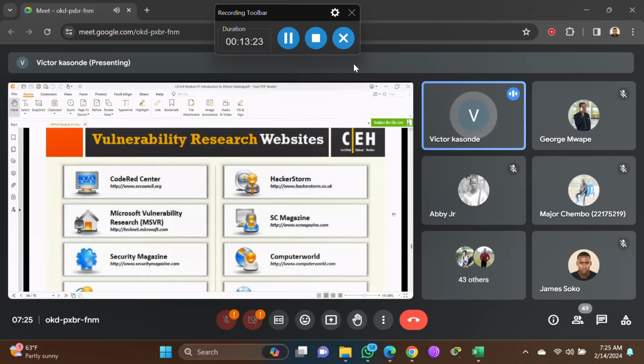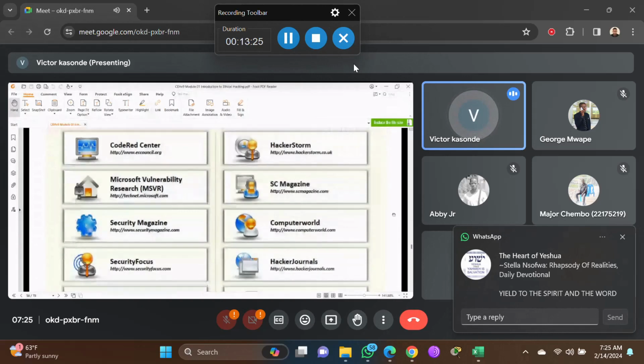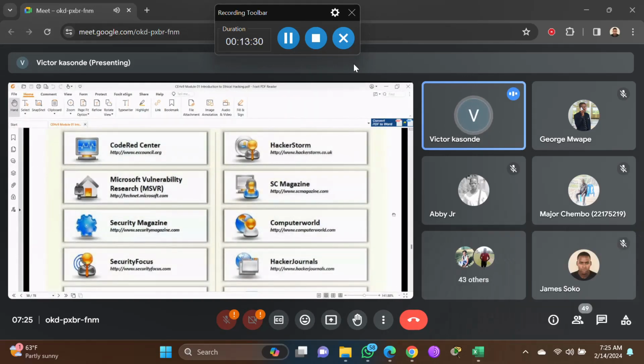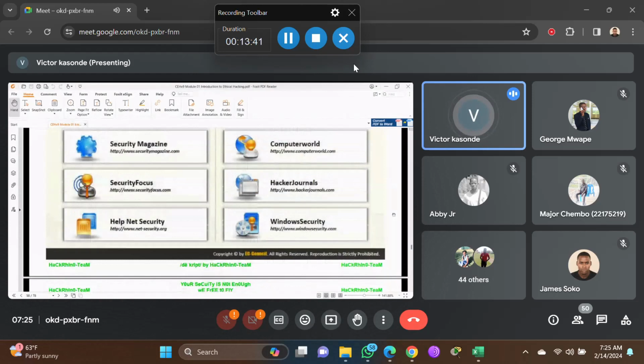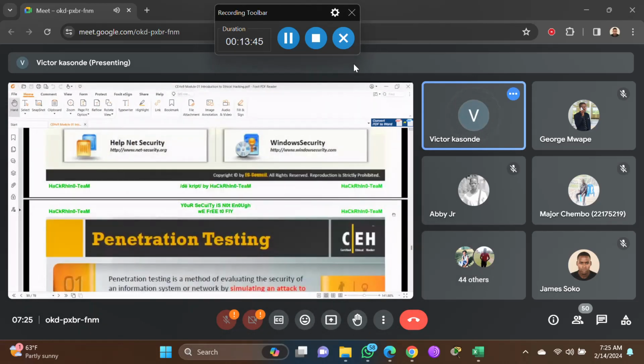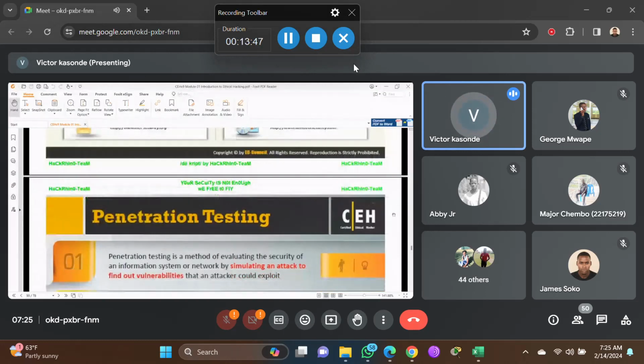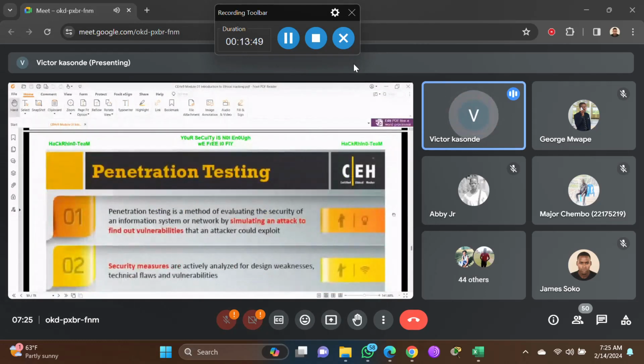You can just type www.ecouncil.org, or www.hackastore.co.uk and check all these. You can read something there so that you understand these. Any queries before we go to penetration testing?